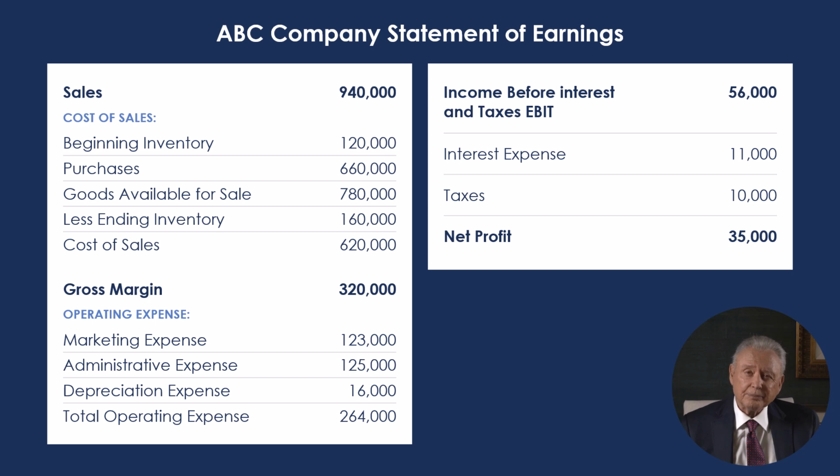On this slide, we revisit the statement of earnings. Sales, $940,000. Cost of sales, $620,000. Gross margin, $320,000. Total operating expense, $264,000. Earnings before interest and taxes, EBIT, $56,000. Net income, $35,000.